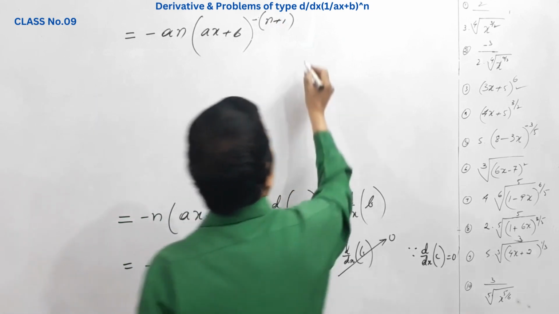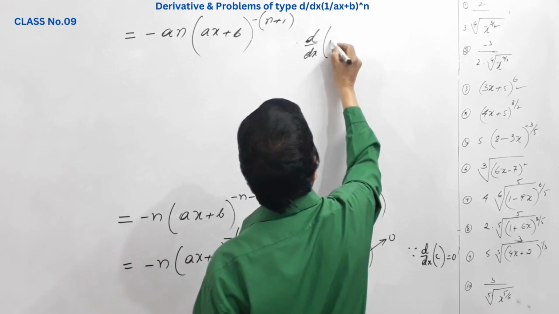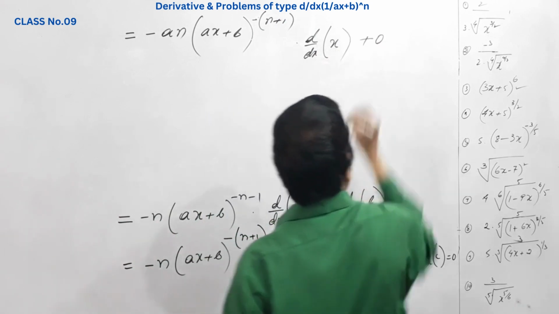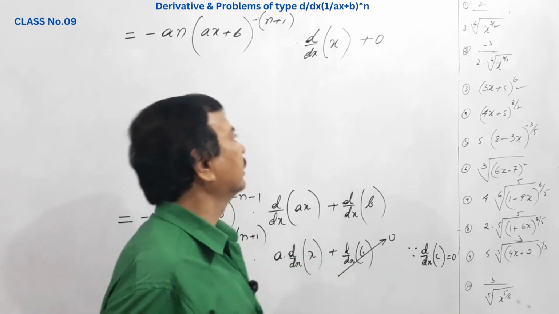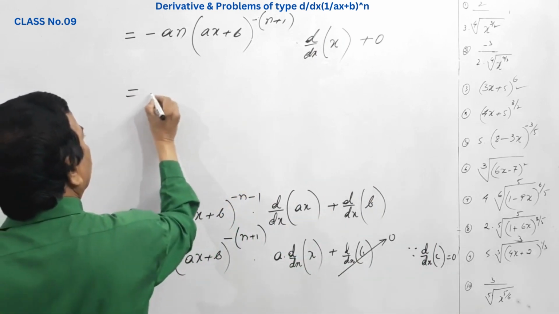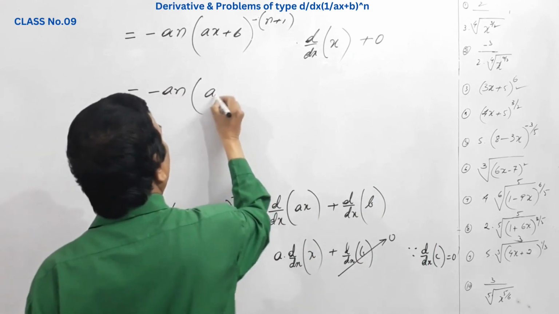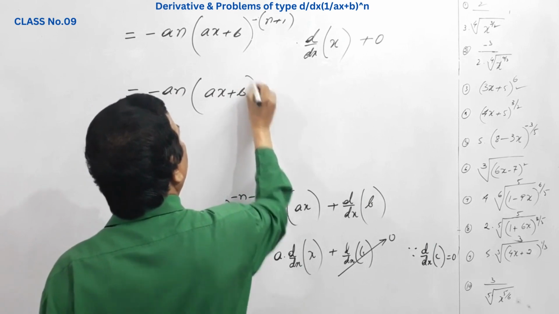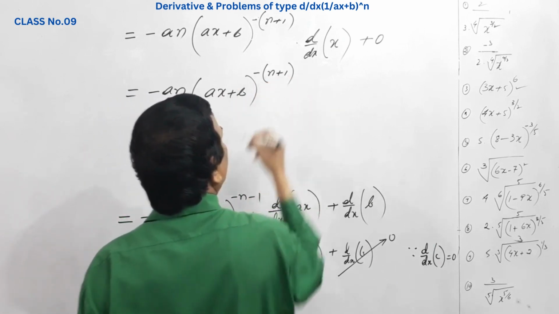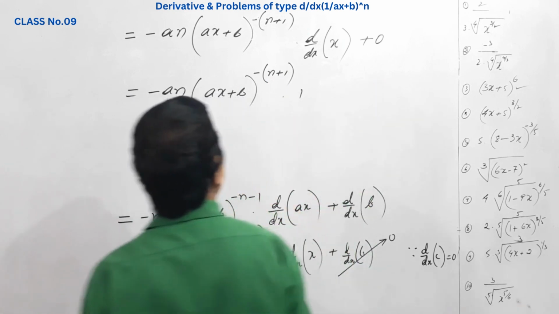Now into d by dx of x, and this is 0 because of this. So this further equals minus an into ax plus b to the power of minus n plus 1 into 1 plus 0.